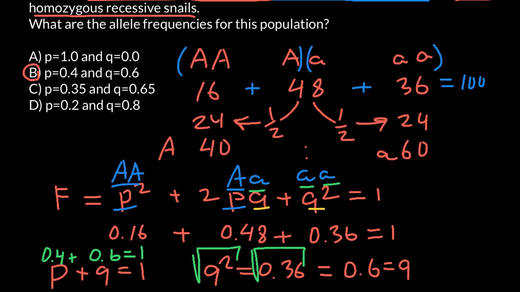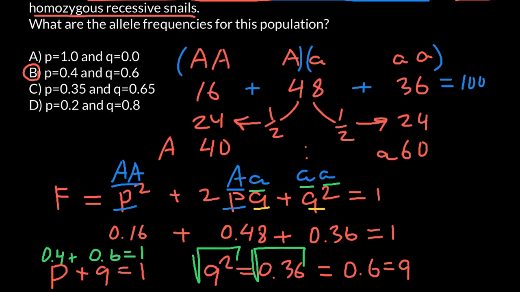So I showed you how to solve this problem using two methods. One, we just combine alleles. Second one, we use the Hardy-Weinberg formula. And by the way, if the answer would be in percentage form, we also can easily convert these numbers into percents. We just have to multiply each number by 100. And here we are going to get 16%, 48% here, and 36% here.